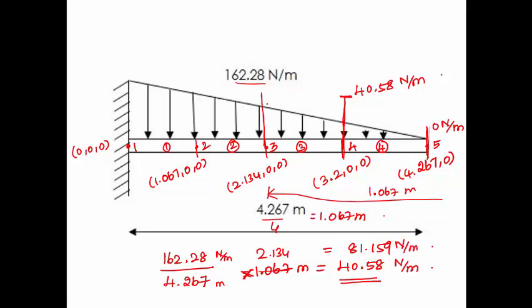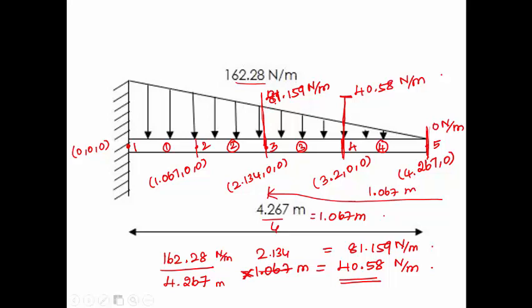So in this element, that is at element 3, at the ith nodal point, the magnitude of the uniformly varying load will be 81.159 Newton per meter. The variation is from 40.58 Newton per meter to 81.15 Newton per meter.